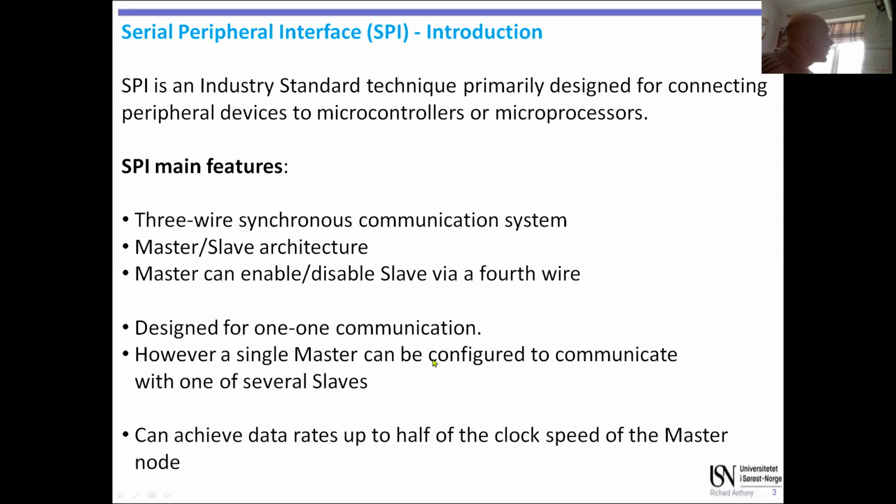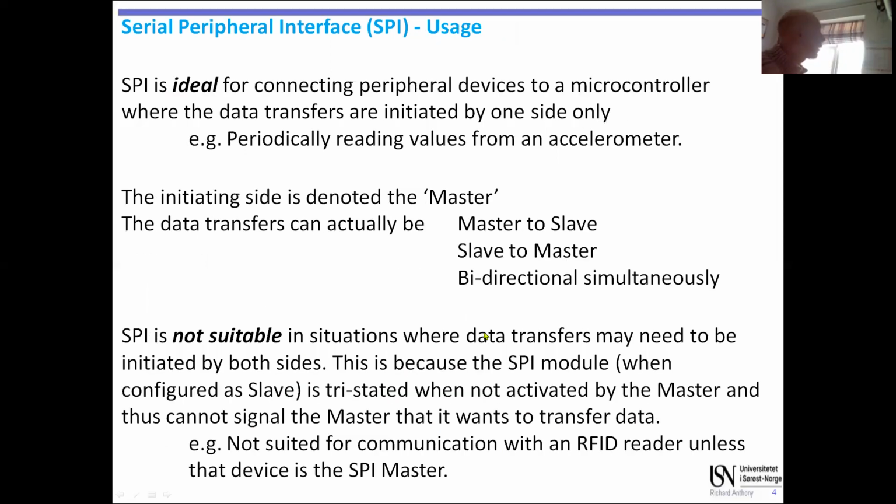However, we can do some tricks, which I've done in some applications I've built, where one master can be connected to several slave devices via some extra communication wiring, but that's outside of the standard protocol. So essentially it's one-to-one as far as you'll probably use it.